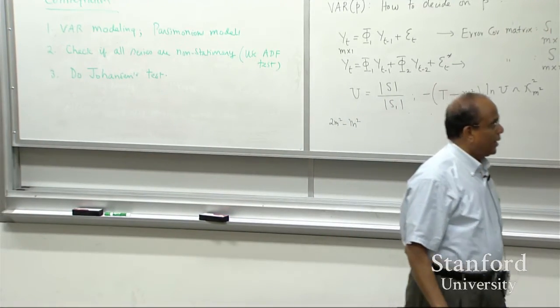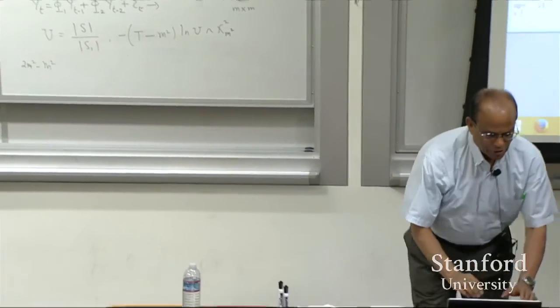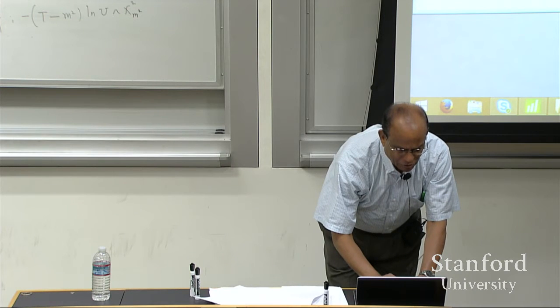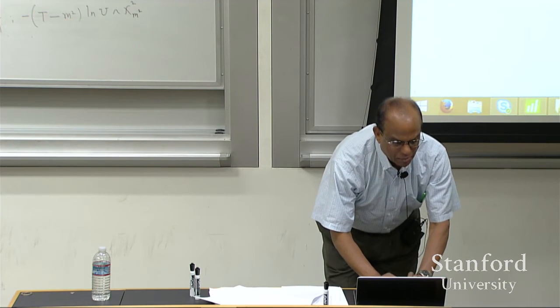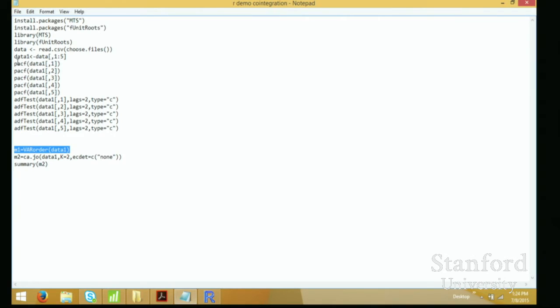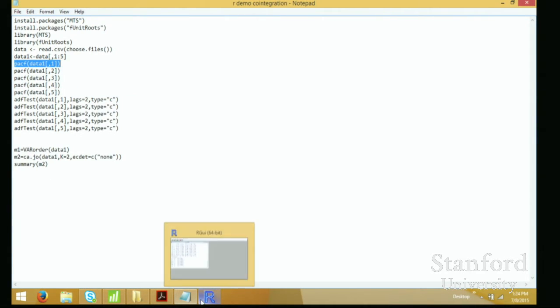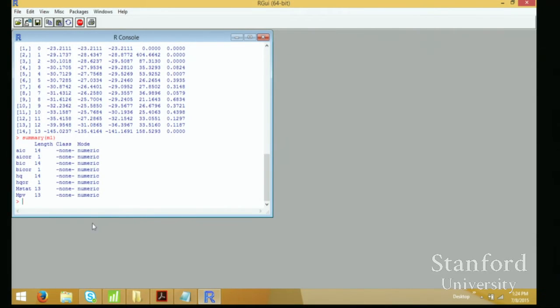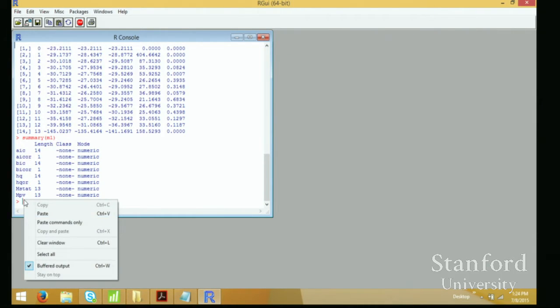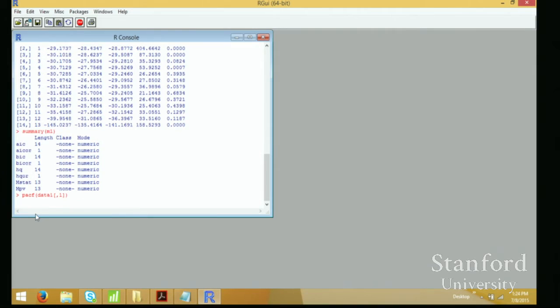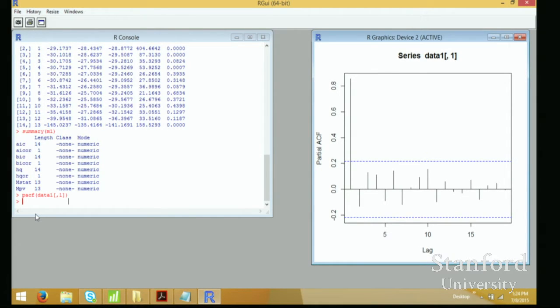Just to illustrate, when you look at the partial autocorrelation functions, you should see fairly high values at lag 1, and then they should disappear after that. I'll confirm for one of them, and you can do it for all. That's how it looks. That's a partial autocorrelation function.